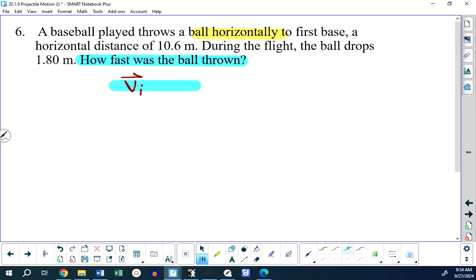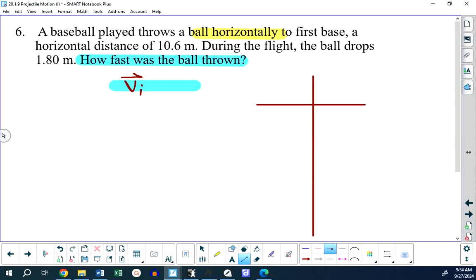I'm not saying that's VI under the vertical column. So if I don't put an X or a Y here, this is that velocity I'm talking about.